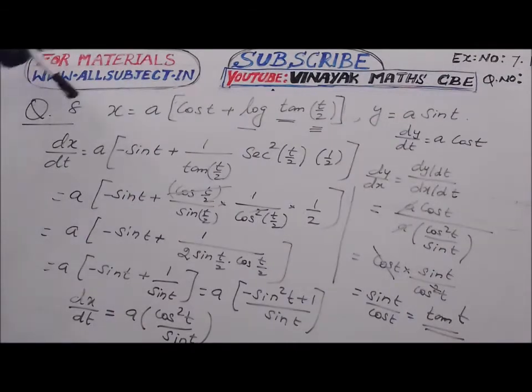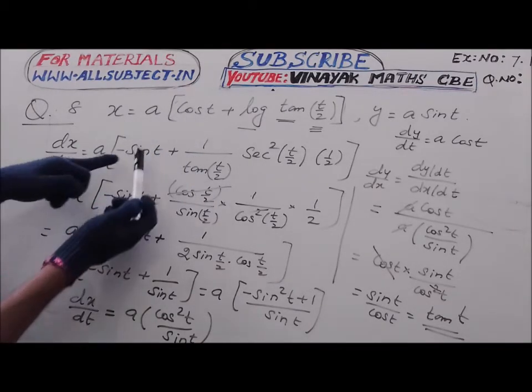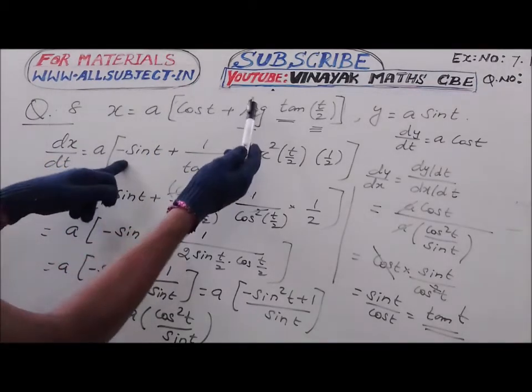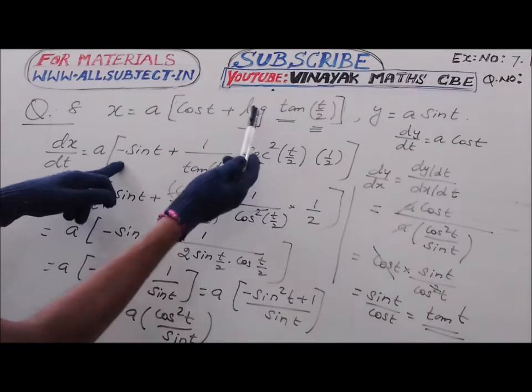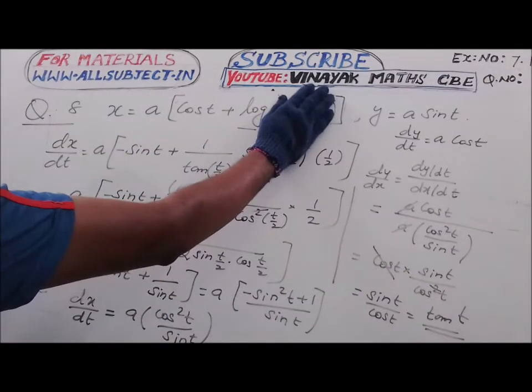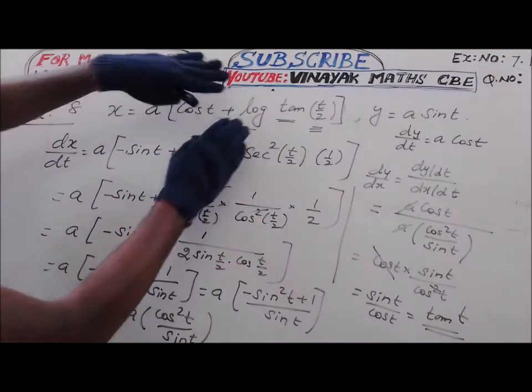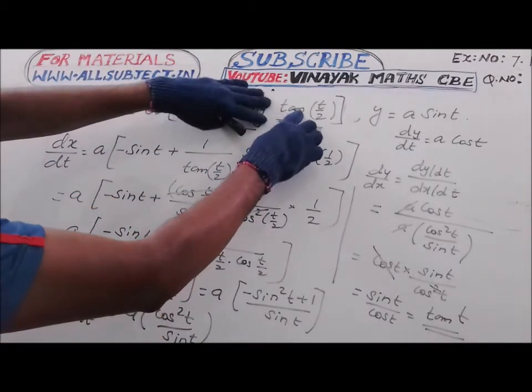So look here, x is equal to a into cos t plus log of tan of t by 2. For dx by dt, a remains the same, and the derivative of cos t is minus sin t. Here first of all we should use the log formula. When we take log, the whole expression is taken as x, log x means 1 by x, so 1 by tan t by 2. Then after completing the logarithm, move to the tan formula.